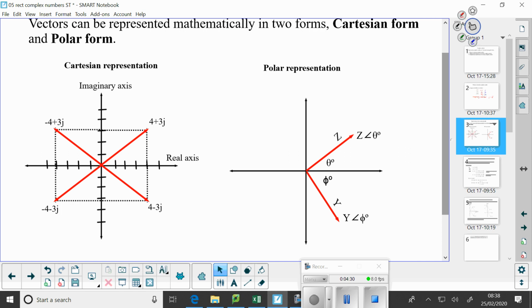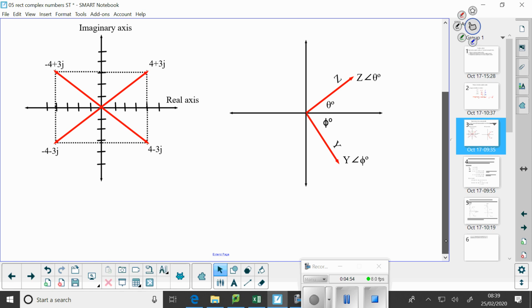So for this week we're working on a Cartesian representation. Next week we'll move on and represent in polar form, and then we can work with both. And there's a convenience to Cartesian being easier to add and subtract, and polar being easier to multiply and divide. Alright, so we'll come on to that next week and the week after.